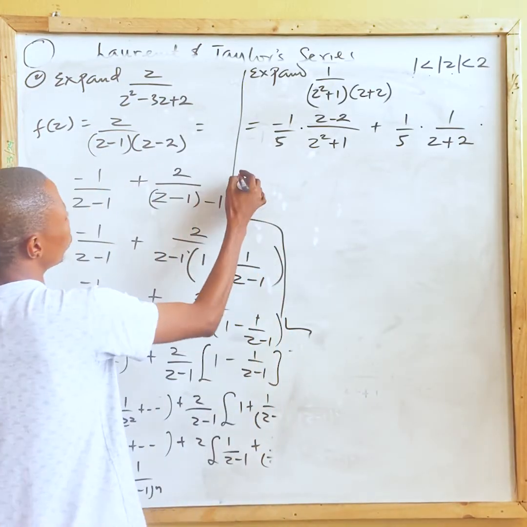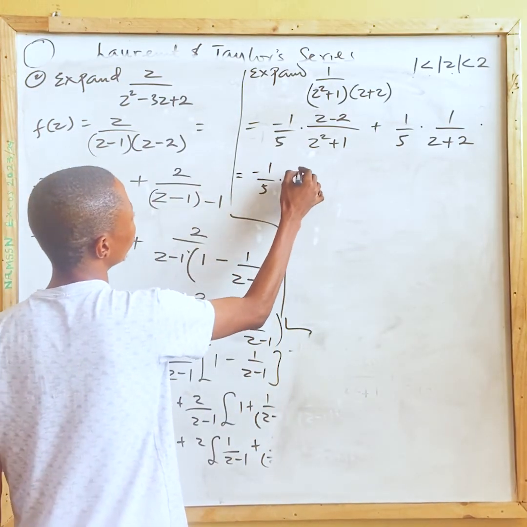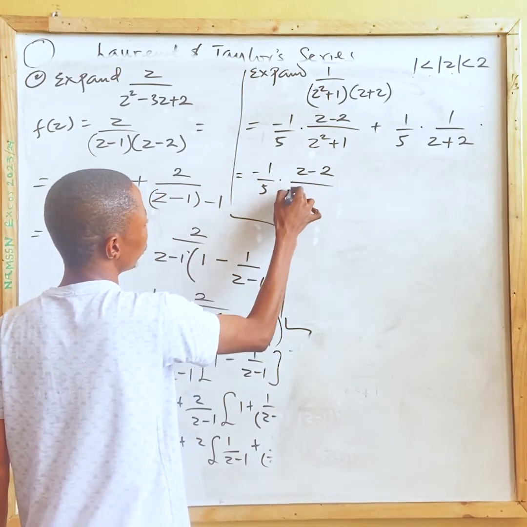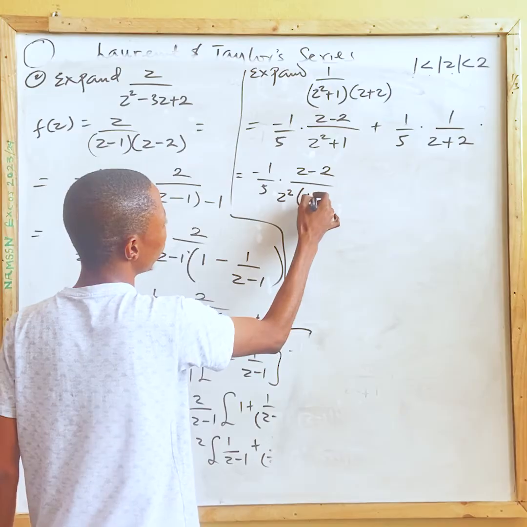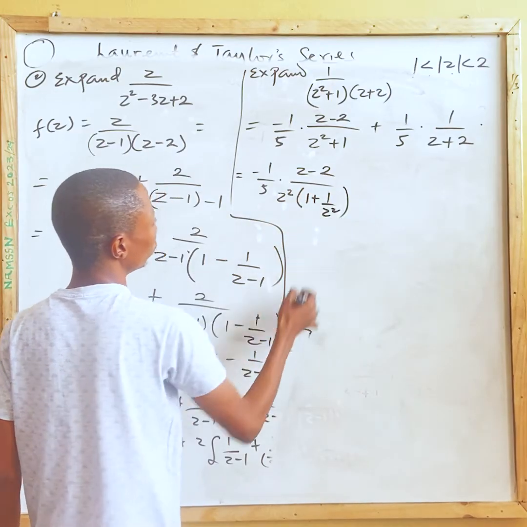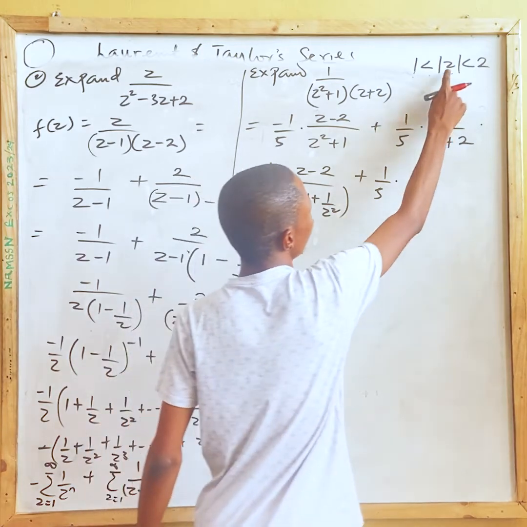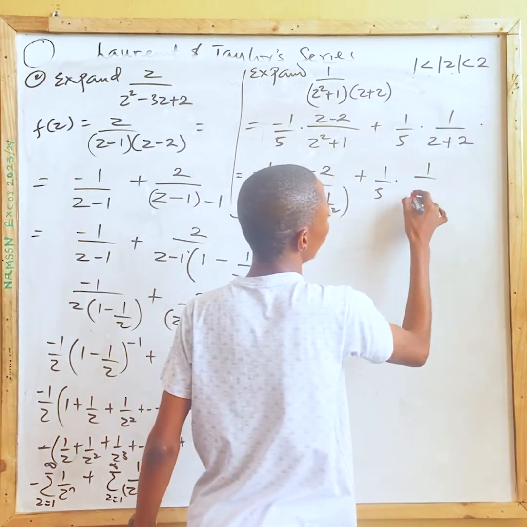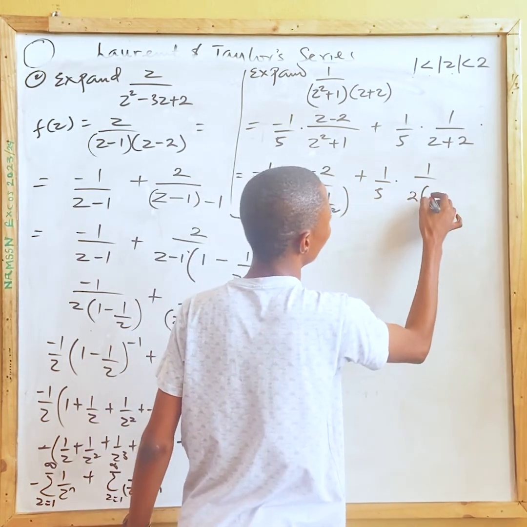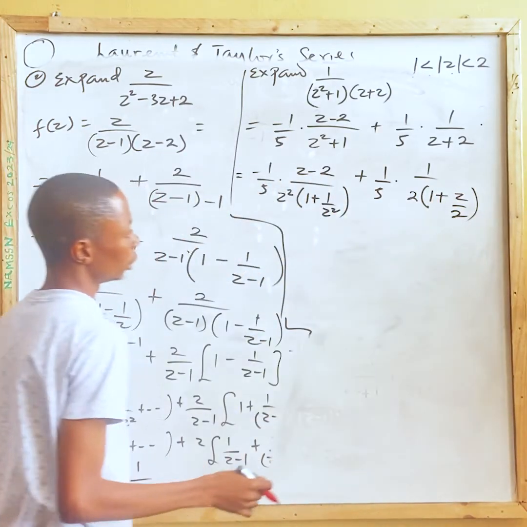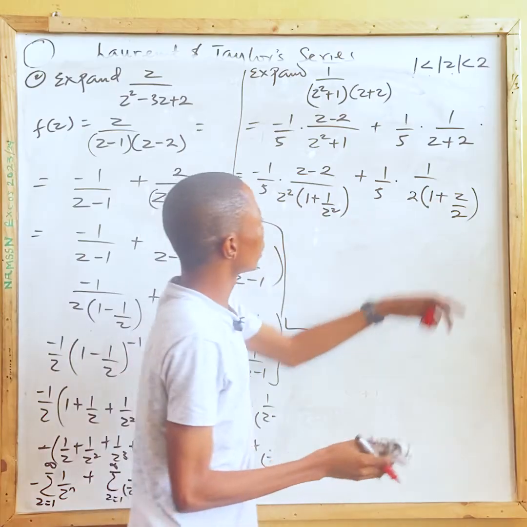Simple. So it will now be minus 1 over 5 times z minus 2 over, factorize this. If I take z square out, we are going to have 1 plus 1 over z squared. Plus 1 over 5 times 1 over, here z is less than 2, it means that 2 is greater than z, 2 plus z, so 2 times 1 plus z over 2.